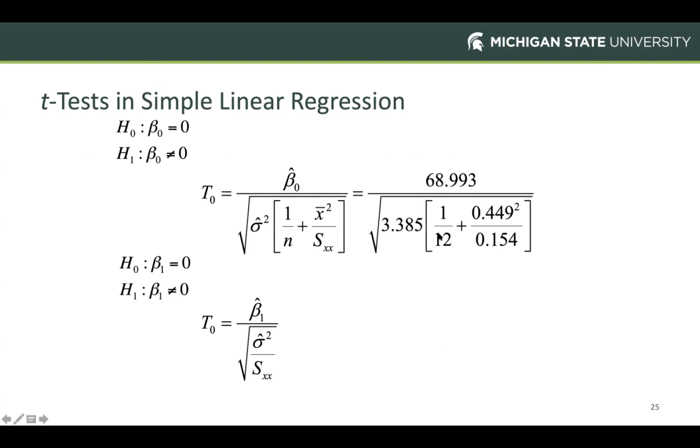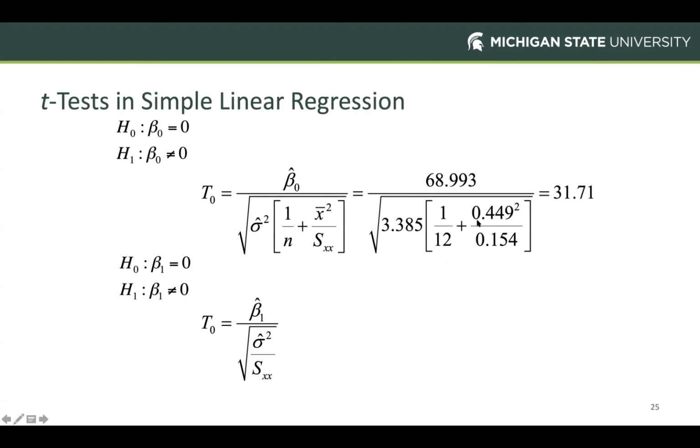In the case of our initial problem, testing for the intercept parameter, our intercept was 68.993. Our mean squared error was 3.385, which was our SSE of 33.85 divided by 10, the corresponding degrees of freedom. Our sample size was 12, so 1/12. Our mean value was 0.449. We square that quantity and divide by SXX, which is 0.154.